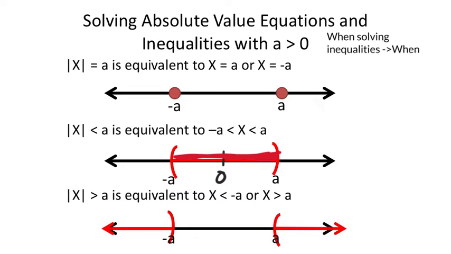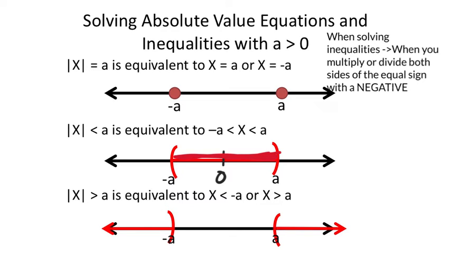When you multiply or divide both sides, so we're talking about the multiplication or division principles of equality, both sides of the equal sign with a negative, and I think we've seen this, that will flip the inequality.